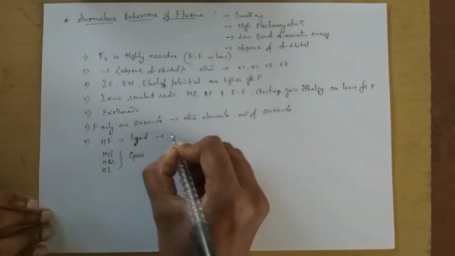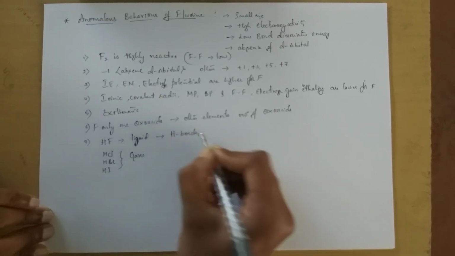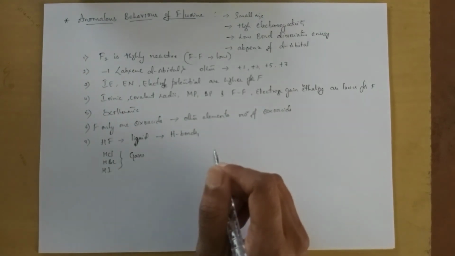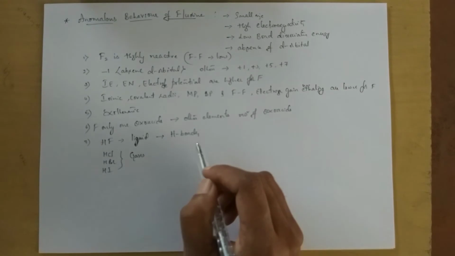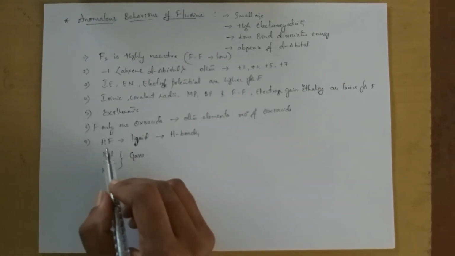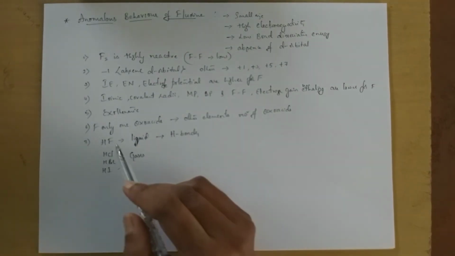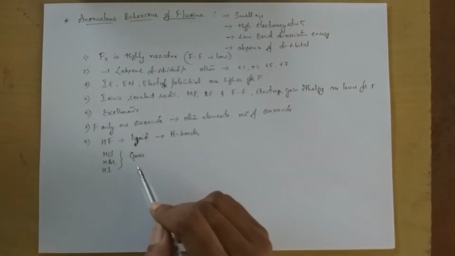Because it has a strong hydrogen bond. As we already know, hydrogen bond is bonding of hydrogen to a highly electronegative element. Fluorine is an electronegative element, hence there is hydrogen bonding in hydrogen fluoride, hence it is a liquid, whereas other hydrogen halides are gases.